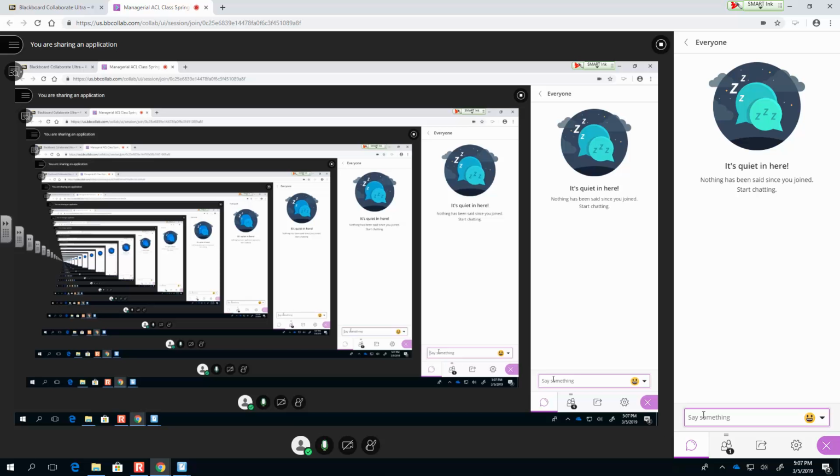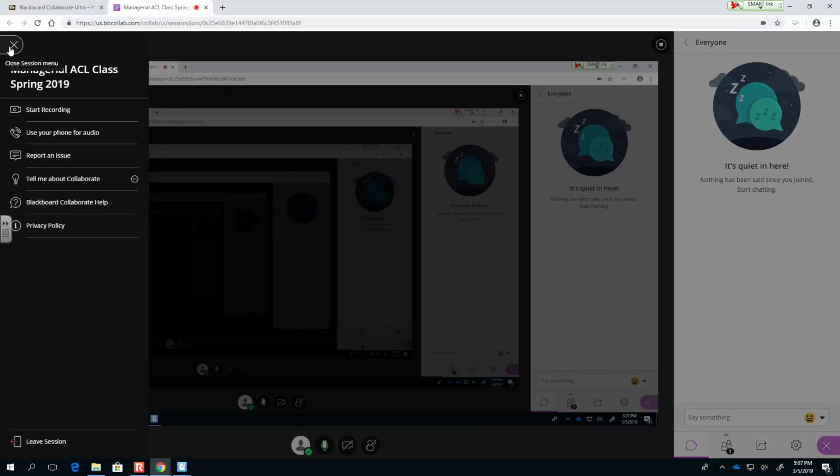So either way will work. If you don't have a mic on your computer, you can, on the left side here, use your phone for your audio. If you wish to call me at this number, enter a PIN number, and then you can use your phone for your voice. So you can go that route at home.